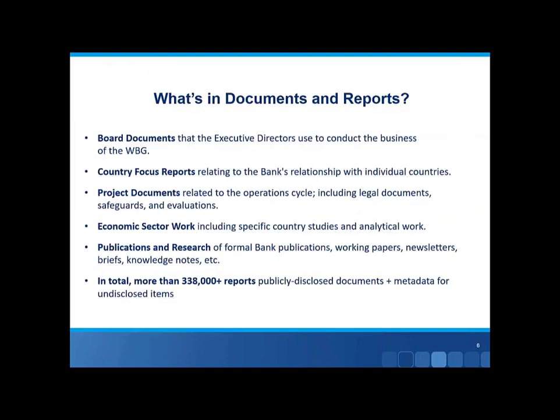These are the notes and things that the executive directors from each of the 180 member countries use to conduct the business of the World Bank. You can find country focus reports, project documents, economic sector work, all of our publications and research. And in total, it's more than 338,000 items of publicly disclosed documents or the metadata that's available for the things that are eligible for disclosure. So as you can see, it's a quite large database.